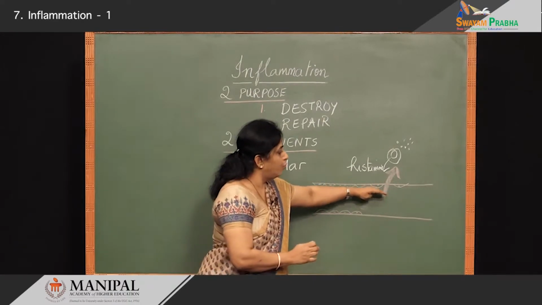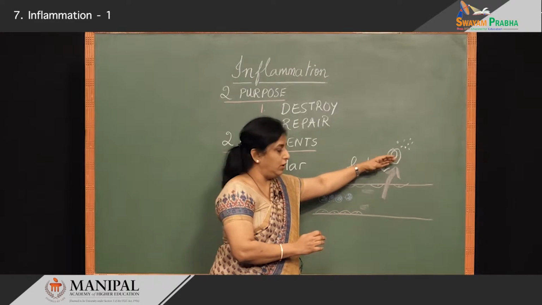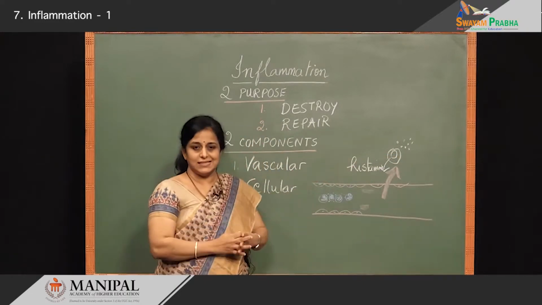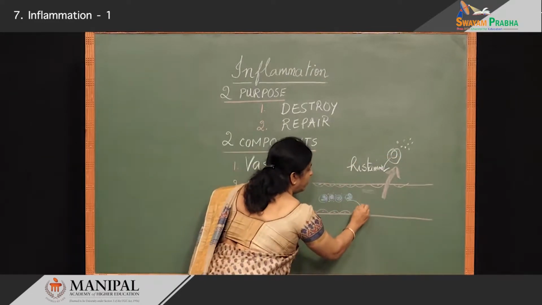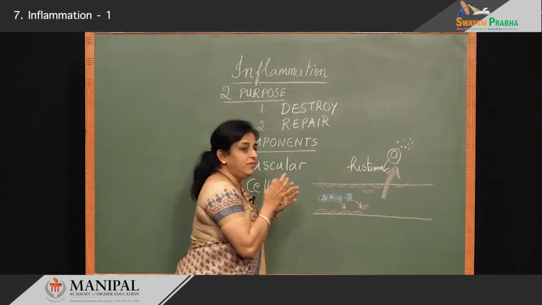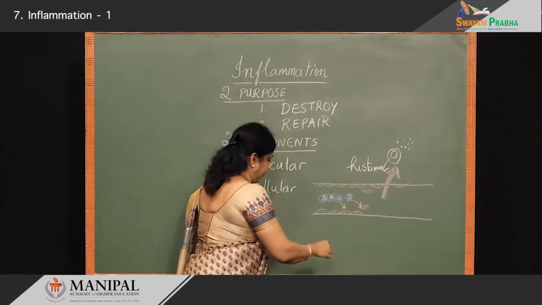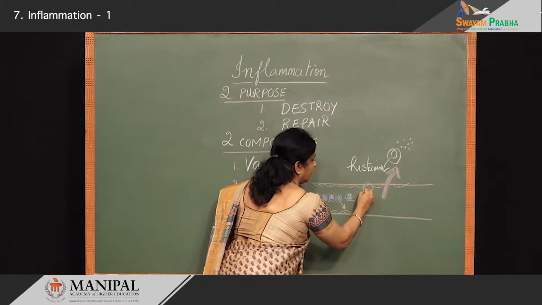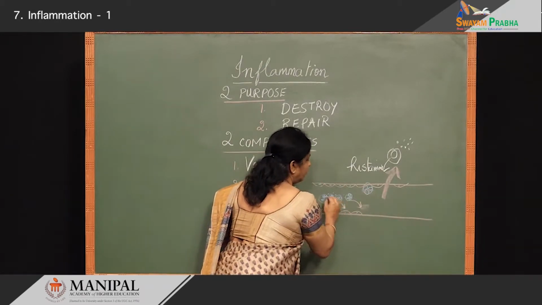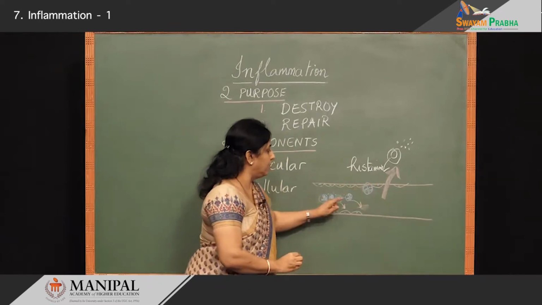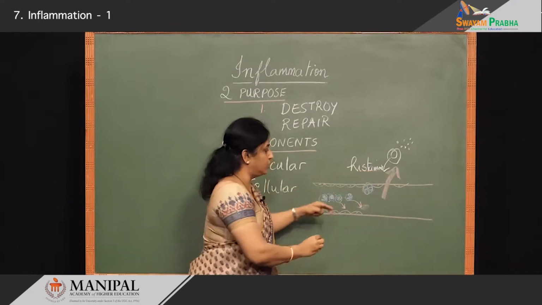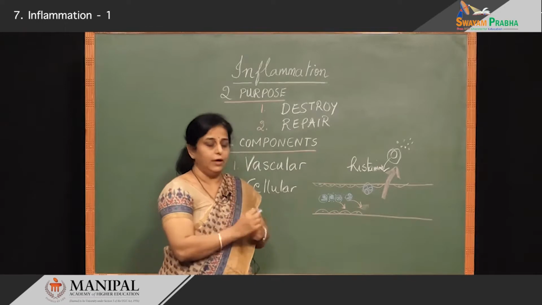Now, because of this movement of fluid out of the circulation, there is vascular stasis. Now, this causes the movement of these cells from the center of the stream to fall out to come to lie at the periphery. Okay, so, these cells which are in the center of the bloodstream now move towards the outside and come to lie in the endothelial cells.